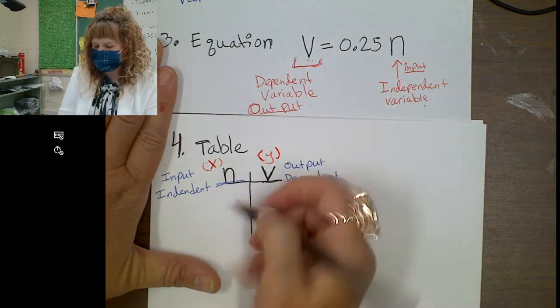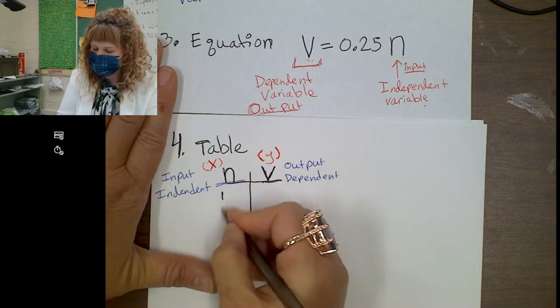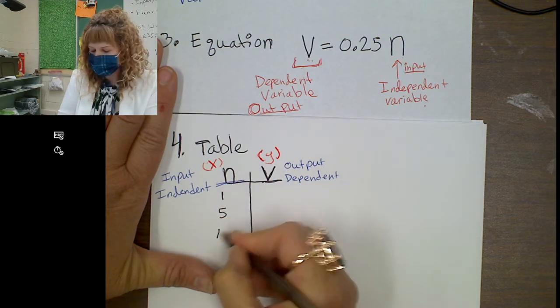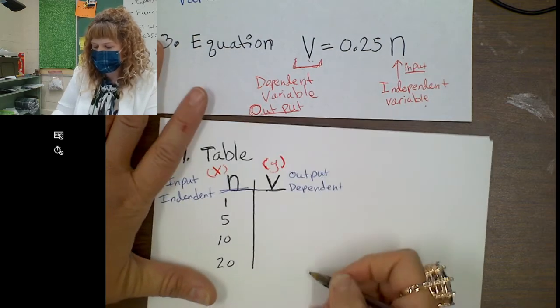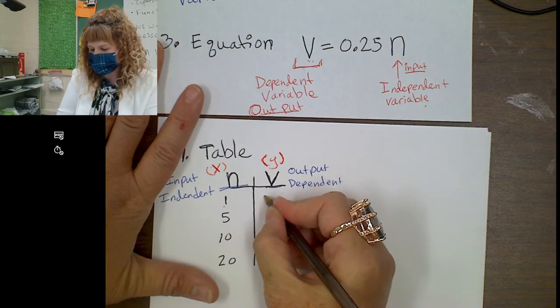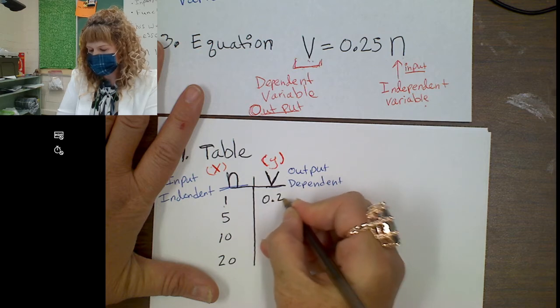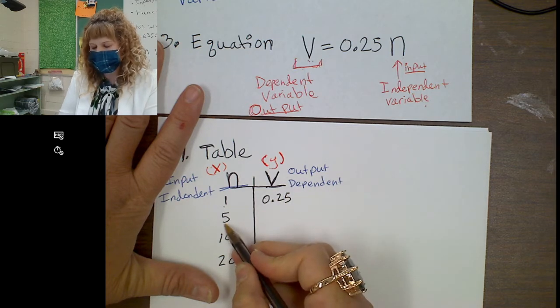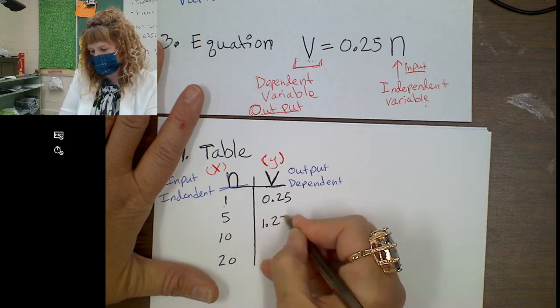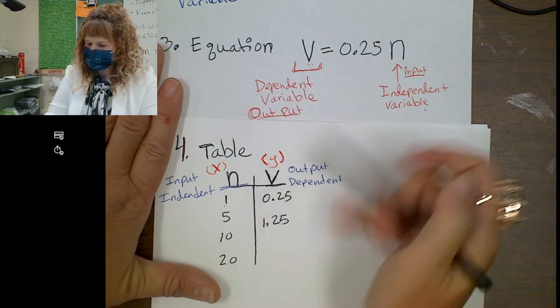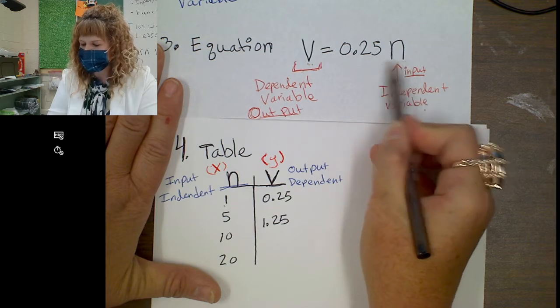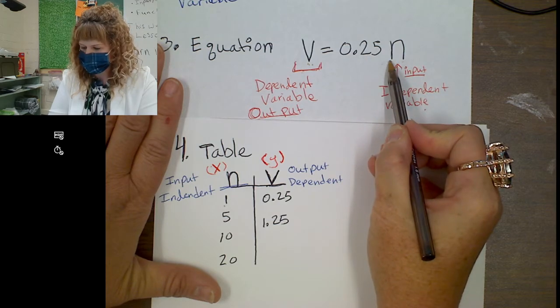And I'll quickly fill in this table. Let's say you had 1 quarter, 5 quarters, 10 quarters, or 20 quarters. The value of 1 quarter is 25 cents. The value of 5 quarters is $1.25. It's 5 times 0.25. So imagine I'm just putting in N into my equation.